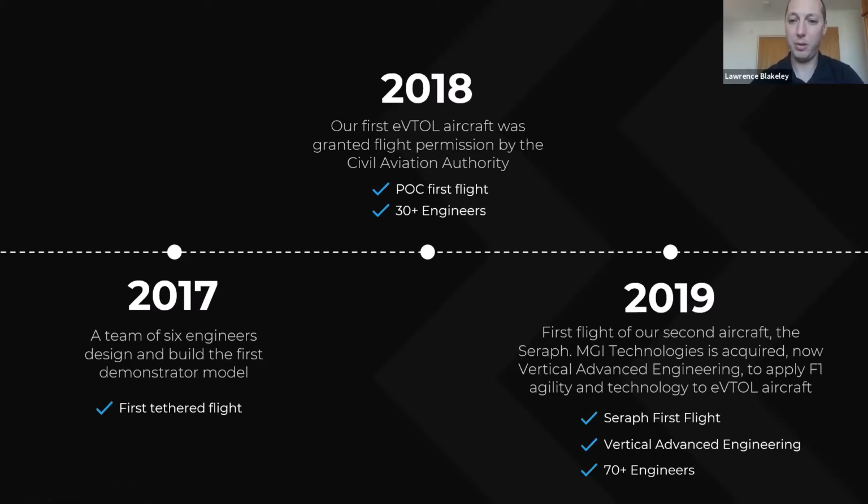And we acquired them and created Vertical Advanced Engineering. We grew again in 2019, finishing 2019 with about 70 engineers and a company size of about 110, something like this.